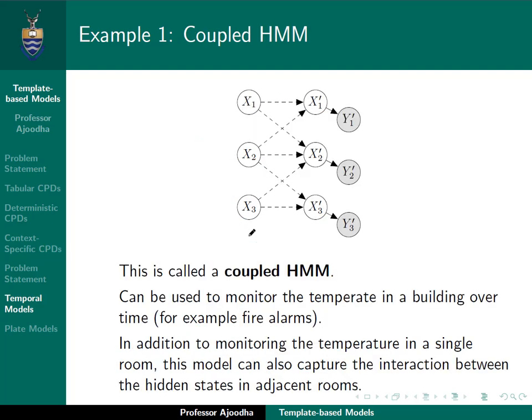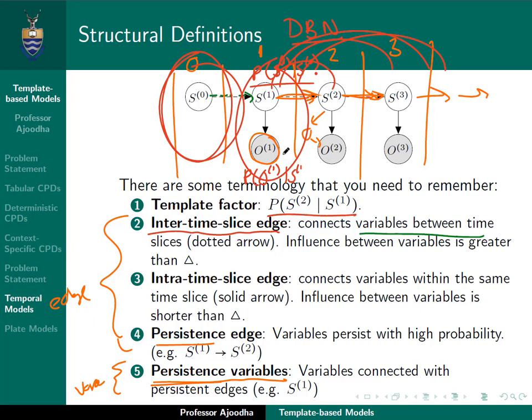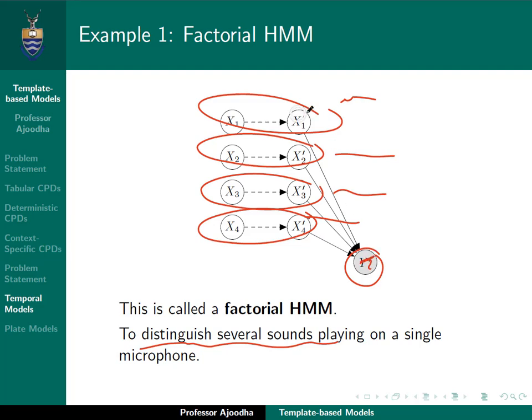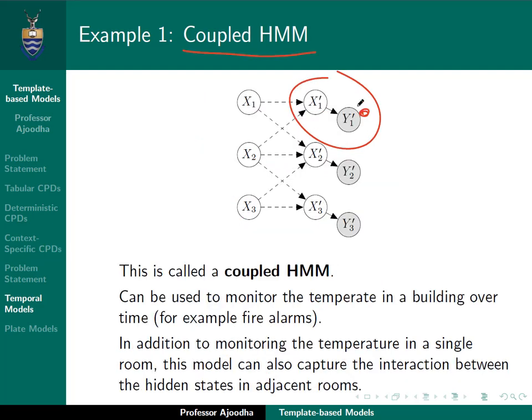Another example of a dynamic Bayesian network is this idea of a coupled HMM. And the coupled HMM is also extremely powerful. It can monitor the temperature of a building, for example, by having sensors in different rooms. So where it's shaded, these are observations, right? I should have mentioned that before. So here's an observation here. These are observations here. And they tell you about something abstract, which are the voices. Okay, so in this case, here's an observation here, and it tells you something about something that's hidden, in this case, the temperature.